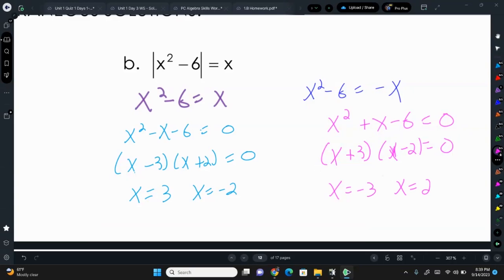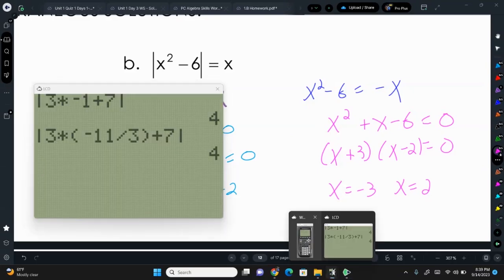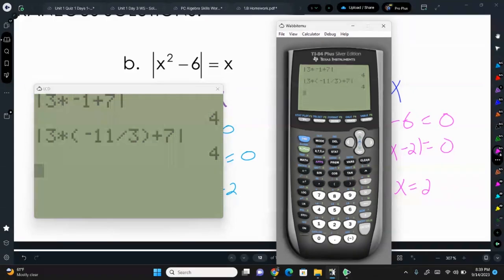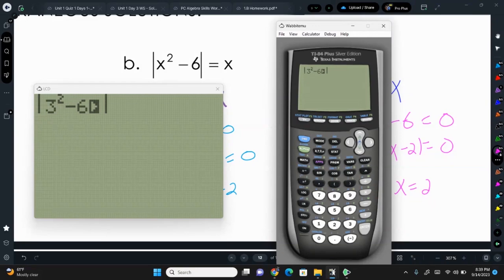Now, we're going to check these in the calculator. We've got to check again all 4 of them. Back in the original, I'm going to check the positive ones first, just because it's easier to go back and change them. So we had positive 3 squared minus 6, and we want it to equal x.